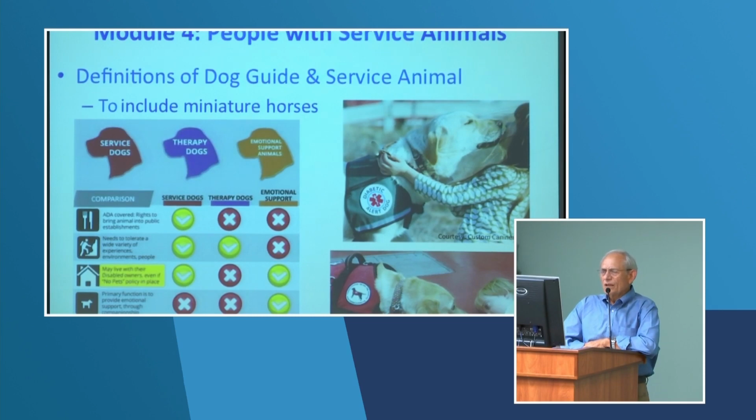So now there is a difference, and there's a little comparison chart here. Service dogs are covered under the ADA, whereas therapy dogs and emotional support dogs are not. And of course, has anybody been on an airplane in the last couple of years, 3, 4, 5 years?